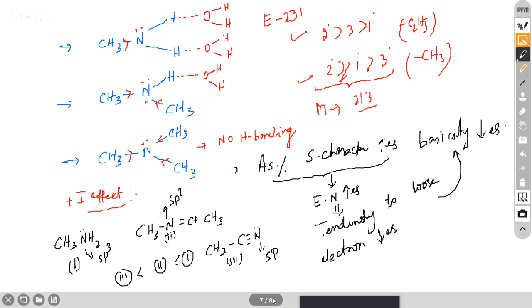Okay, so there are various intermediates we have. Like we know, cation, carbanion, all these, right? Similarly, there is one more. Carbenes are also one of the intermediates we have.